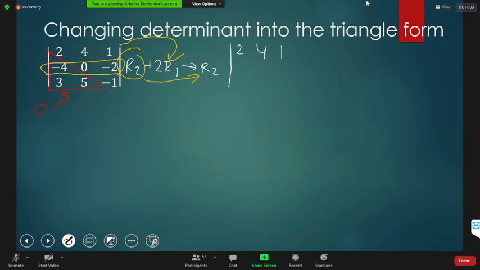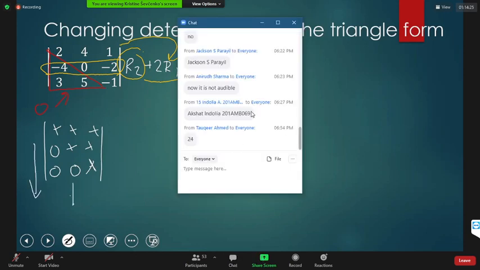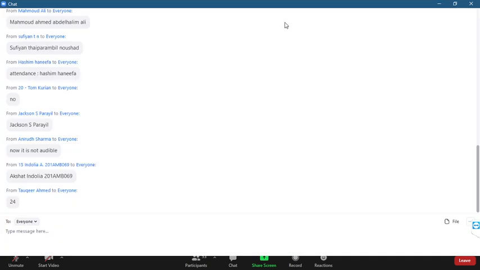Now we are improving the second row so that we have 0. Our goal is to create zeros below the main diagonal. So the order of work is exactly that. First column make zeros, second column make that 0, and then that's it.